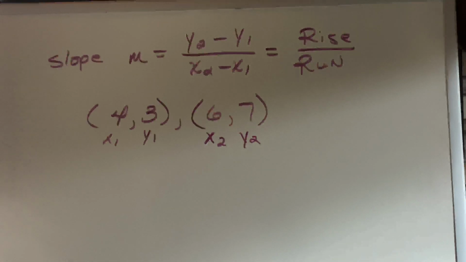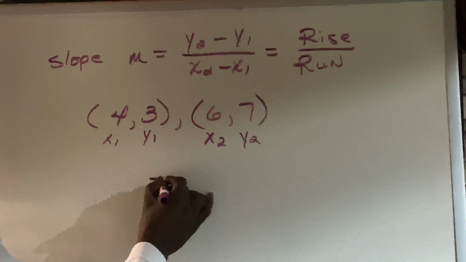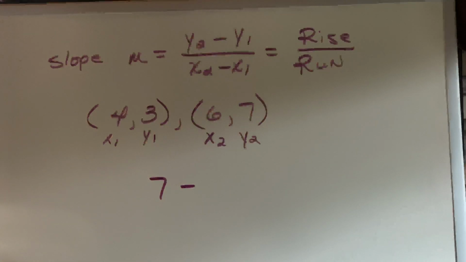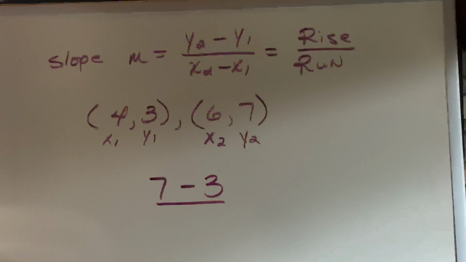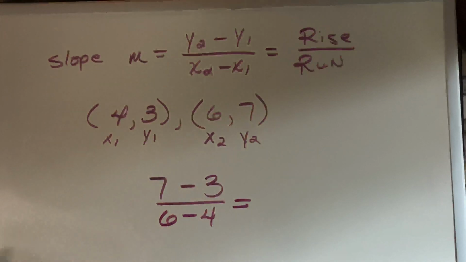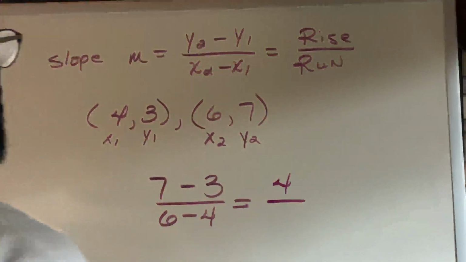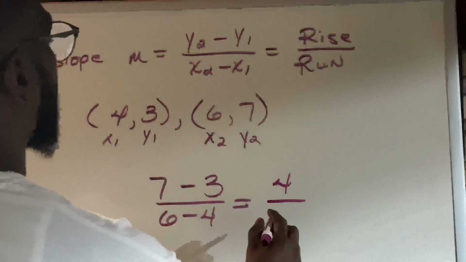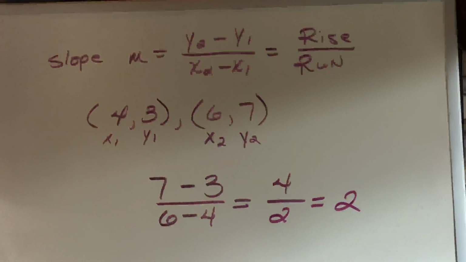So we're basically plugging in: y sub 2 is 7 minus 3 over 6 minus 4. 7 minus 3 is 4. 6 minus 4 is 2. So your slope would be 2 in this case.